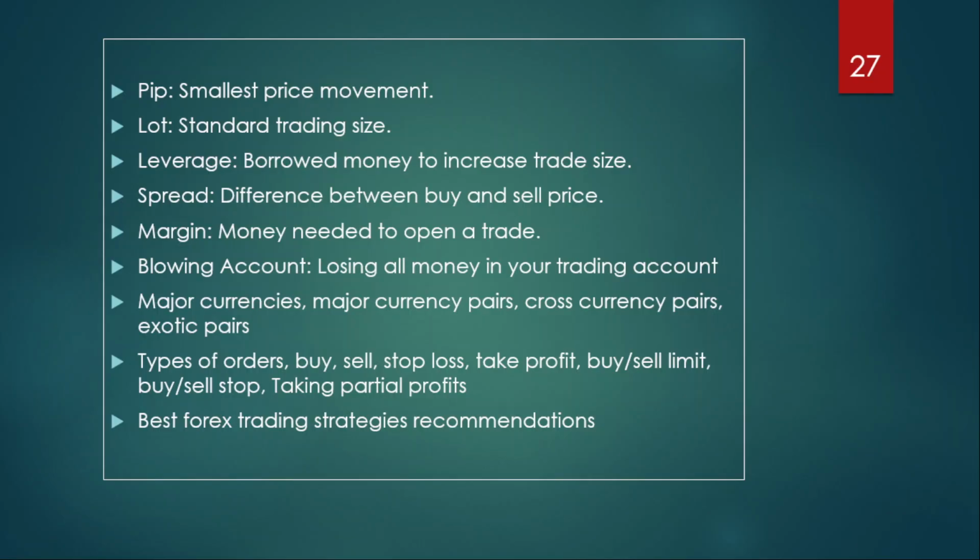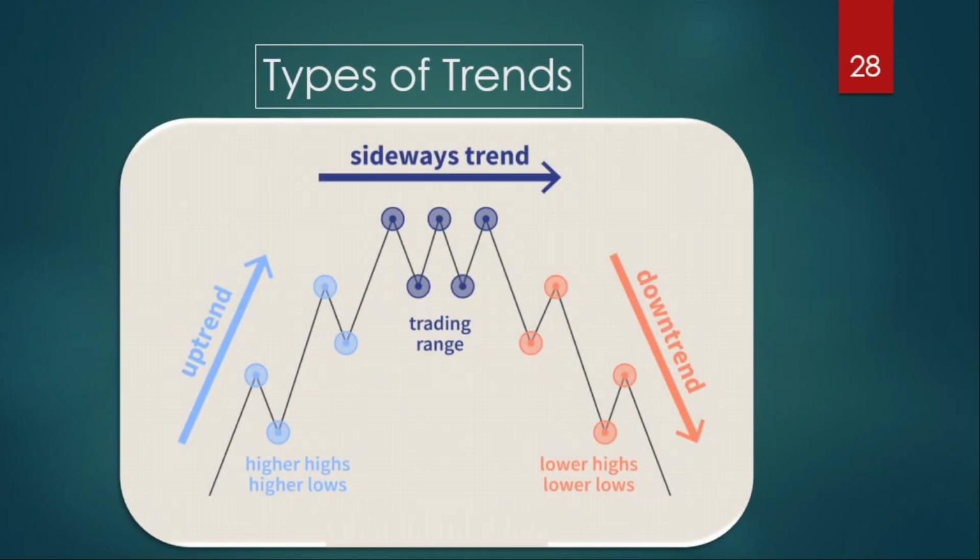We'll talk about the types of orders: buy, sell, stop orders, take profits, buy and sell limits, buy and sell stops, taking partials as well, and the best forex trading strategies and recommendations. So there are types of trends in the trading market.